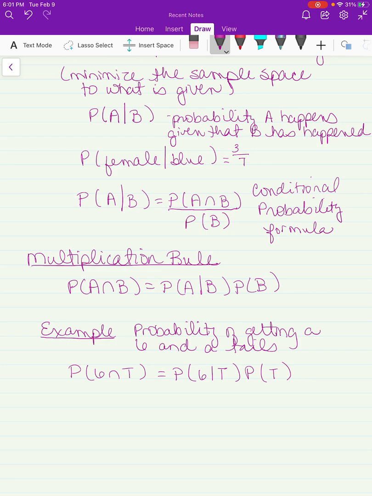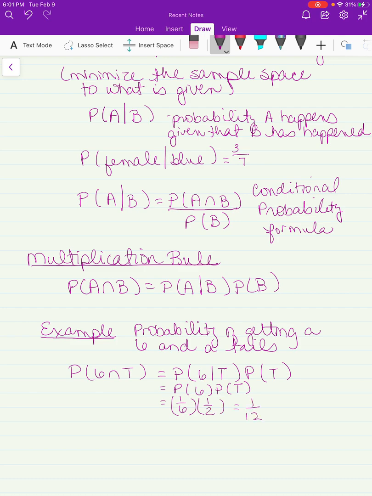Well, in this case, because the roll of the die and the flip of the coin are independent of each other, they don't have anything to do with each other, it doesn't matter that I got a tail on the coin. That's not going to affect whether or not I got a 6. So in this case, that's just going to be the probability I got a 6 times the probability I get tails, which would be 1/6 times 1/2, which is 1/12.